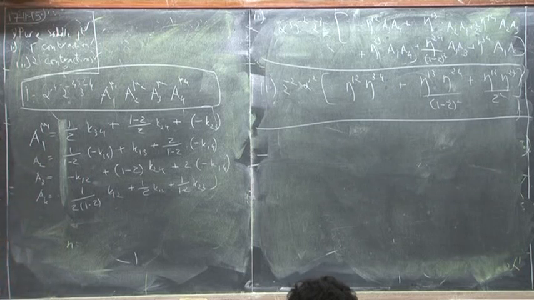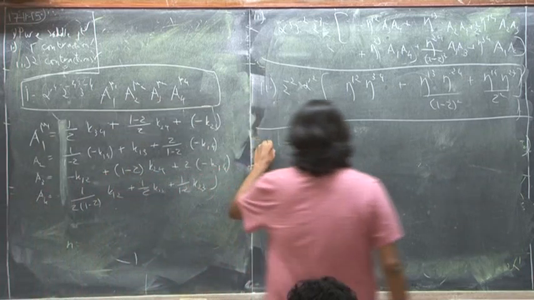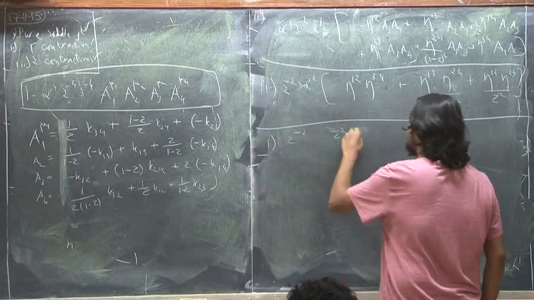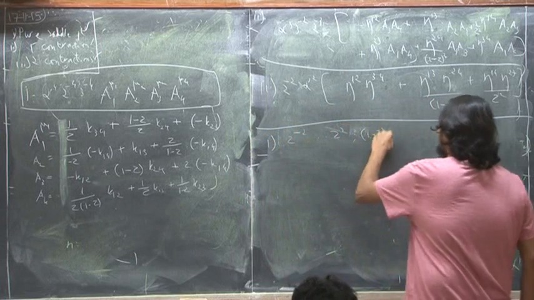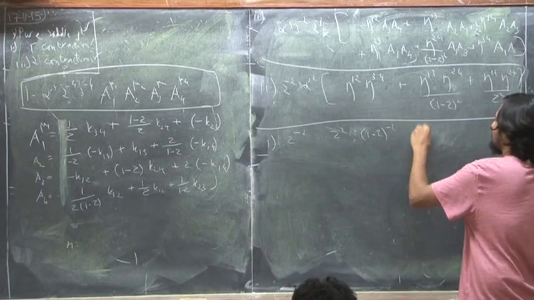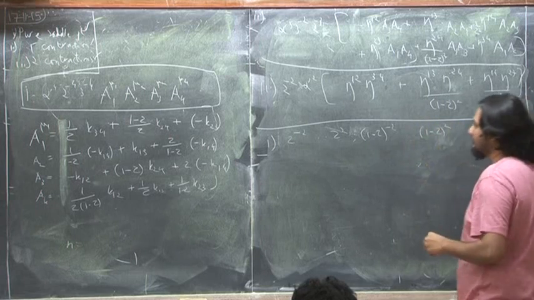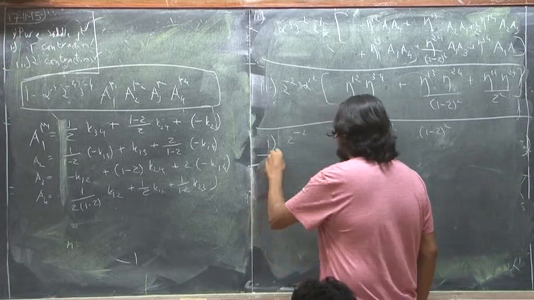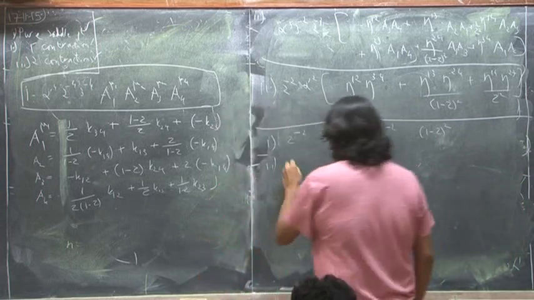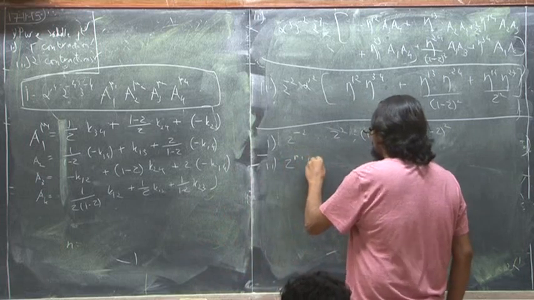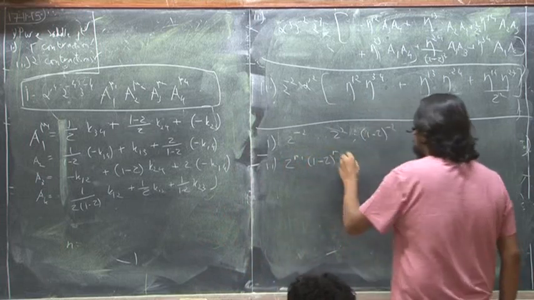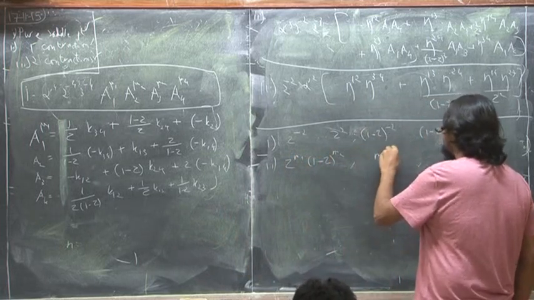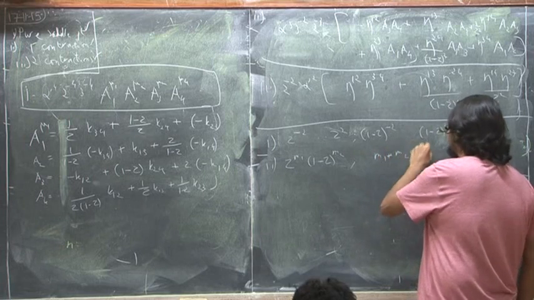Now, okay, so we have z squared minus 2 plus z squared 1 minus z minus 2 1 minus z squared. And the second point is that suppose in any term which is z power m1, 1 minus z power m2, whatever, you're going to have m1 plus m2 less than 0.